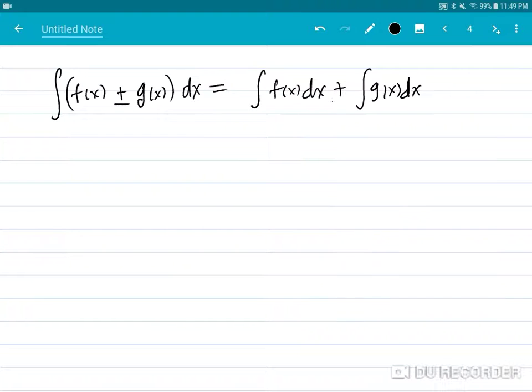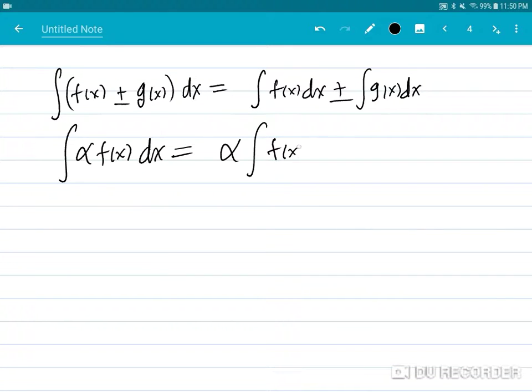The difference works the same way. For a constant multiple of f of x, the antiderivative is the constant multiple of the integral of f of x dx. These are a couple of properties that we will be using in this process of taking integrals. In the next few videos, I'll do some examples on this.